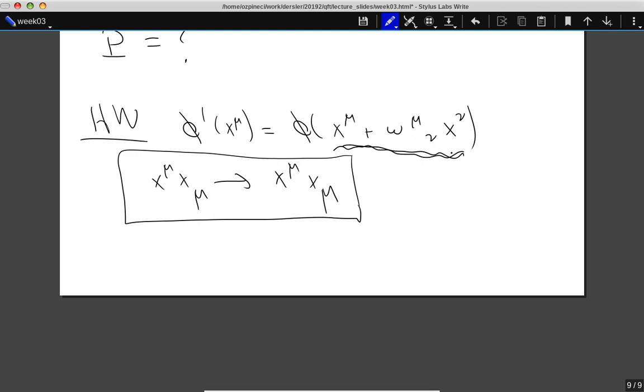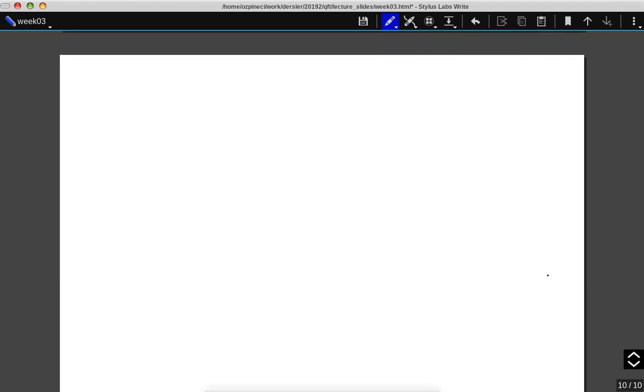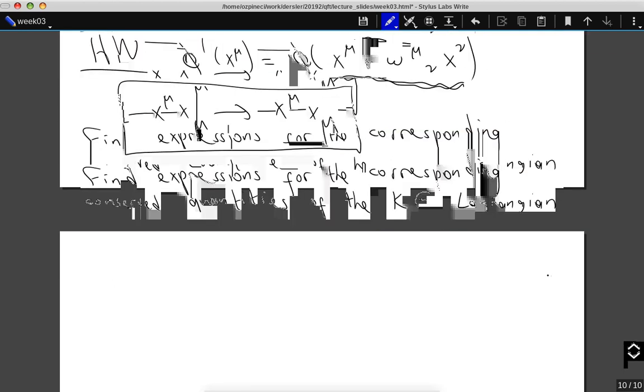Just find the corresponding expressions; there will be boosts and there will also be rotations here.